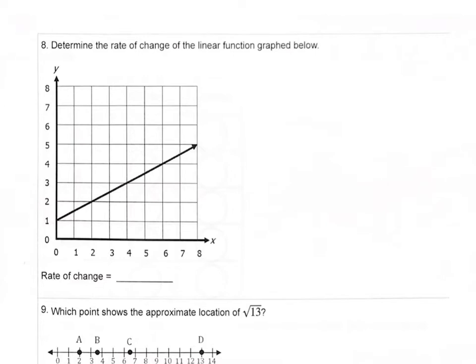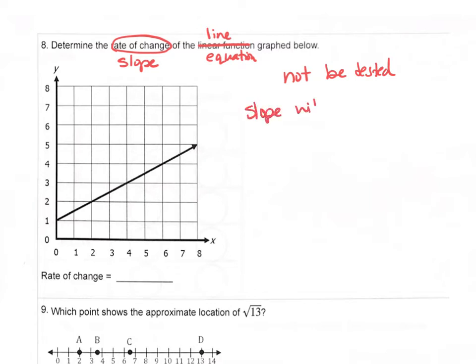Number 8, determine the rate of change of the function graph below. Okay, so when you see linear function, just remember this is just a line. It's talking about an equation. And rate of change is just another phrase for slope. This will not be tested this week using those terms, but slope will be tested.